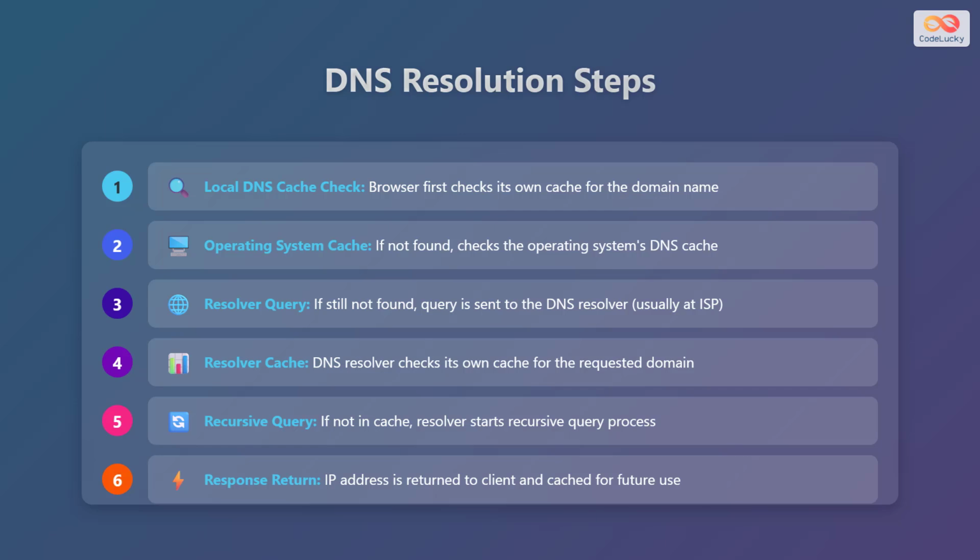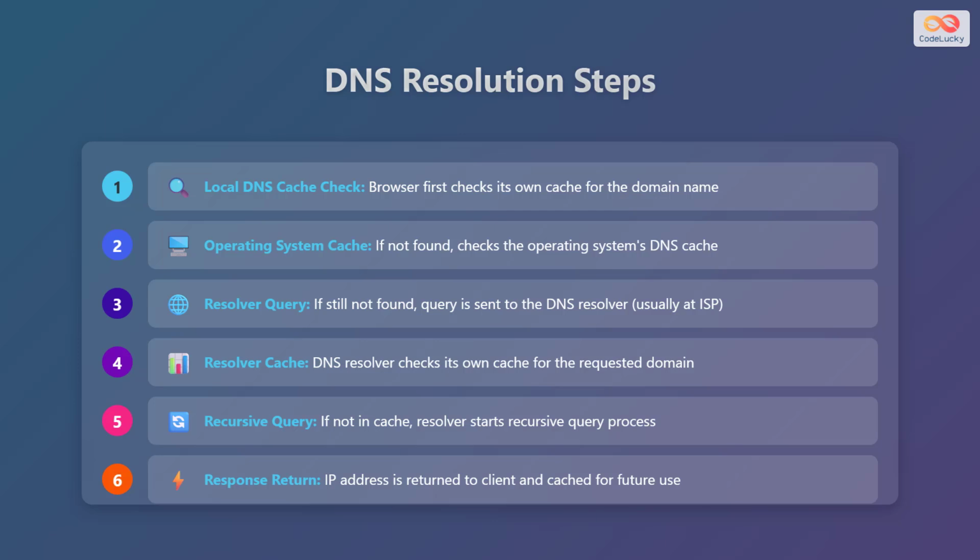Here are the detailed steps of the DNS resolution process. First, the browser checks its own local DNS cache to see if it already knows the IP address for the domain name. Second, if the IP address is not in the browser's cache, it checks the operating system's DNS cache. Third, if it is still not found, the query is sent to the DNS resolver, which is usually at your Internet Service Provider.